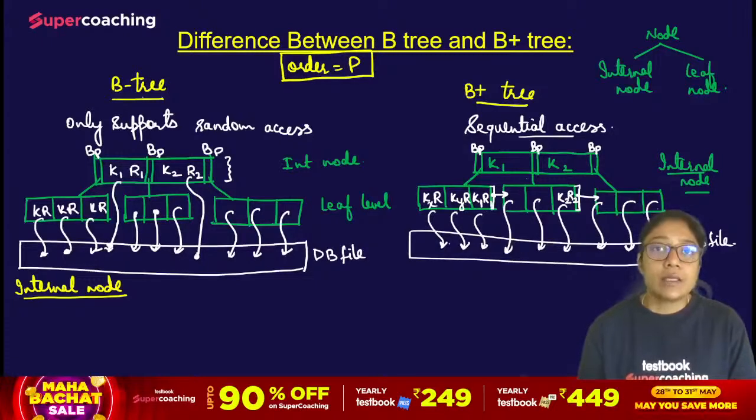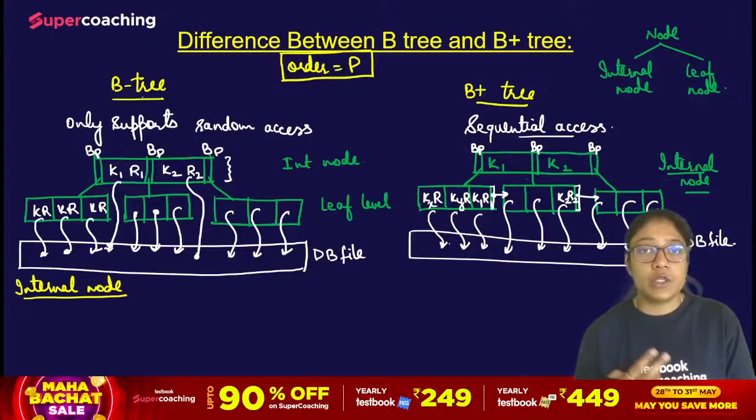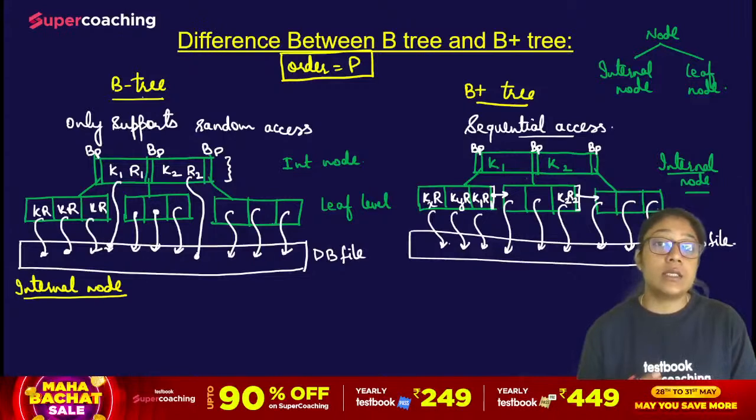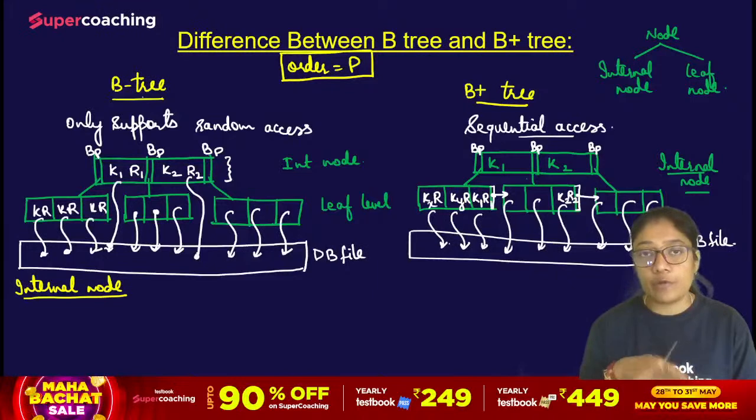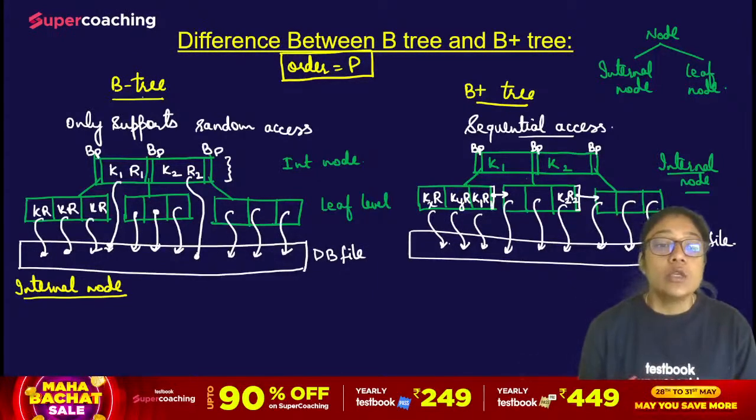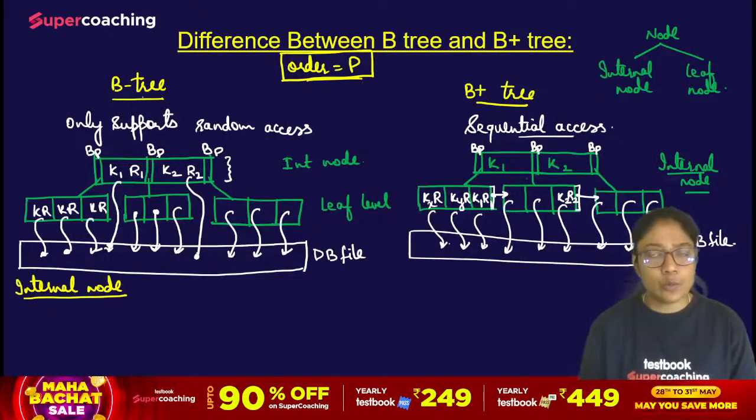But if the definition of order or degree is not the same as given in the question, whatever definition is given in the question, you have to follow that. If nothing is given, then by default order or degree represents the number of block pointers or number of children for that node. So here I'm assuming that the order of the tree is P for both B tree and the B plus tree.